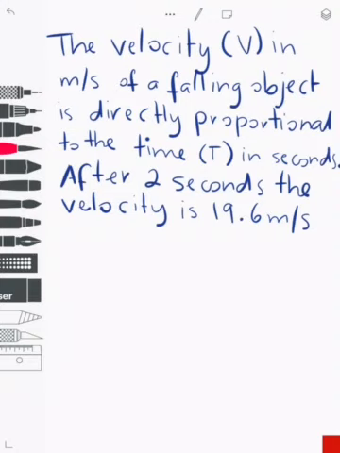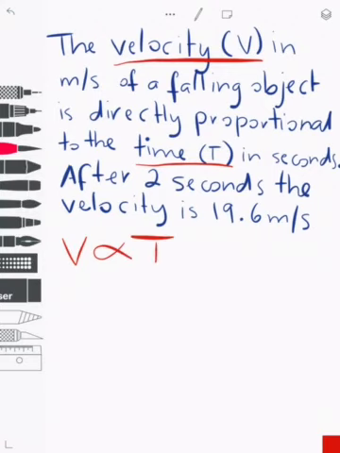So v is proportional to t, and this little fish symbol in the middle is the symbol that represents proportional, or direct proportion, within mathematics.